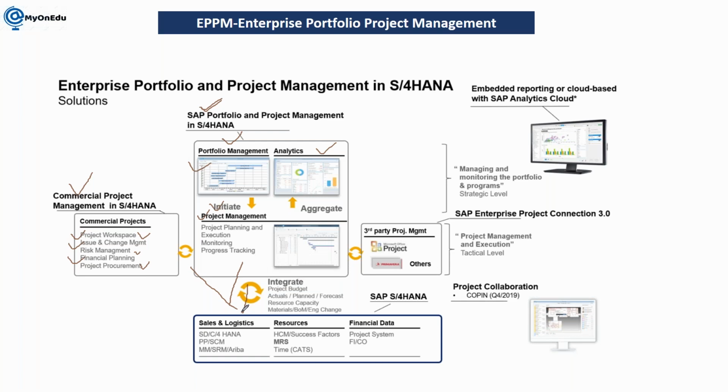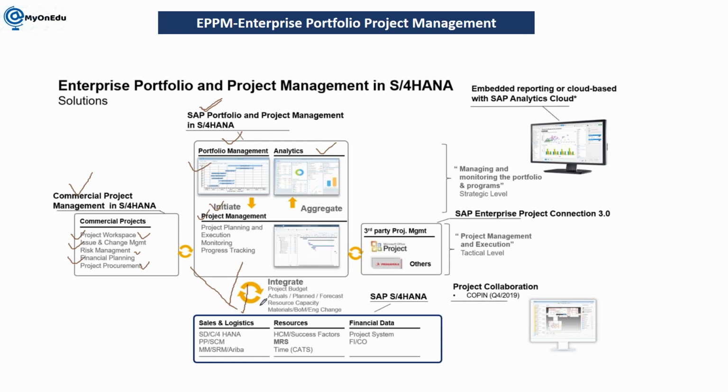We even kept the server separate at that time. But in S/4HANA, from 1709 onwards, it's part of the core. PPM, CPM, and PS are all part of the core, the same system. So if you install the latest version of S/4HANA, all the modules will be available automatically, but they have to be activated separately by the basis team. That is a separate part.